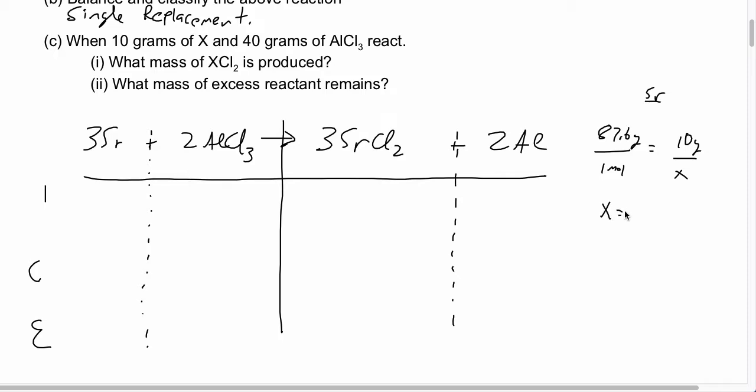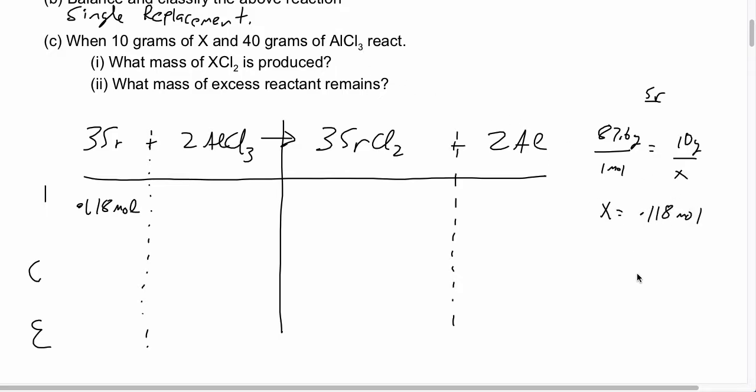So X is going to be equal to 10 divided by 87.6. So that's going to be 0.118. You can take these out however much you like. We're going to round for significant figures at the end. So this is 0.118 moles.